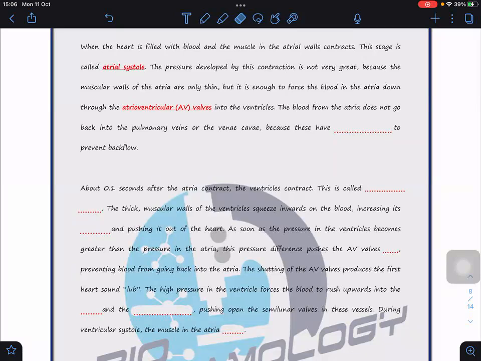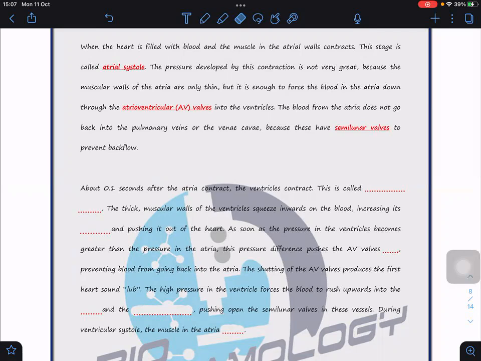It depends on which side you are explaining. If the question gives you the left side, then it will be the bicuspid valve. If it is the right side, then it's the tricuspid valve. But generally, we use the term AV valve, into the ventricle. So the blood from the atrium does not go back into the pulmonary vein or the vena cava because they have the semilunar valve to prevent the backflow.